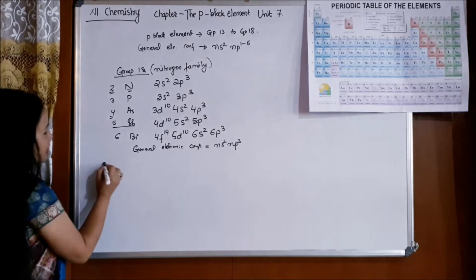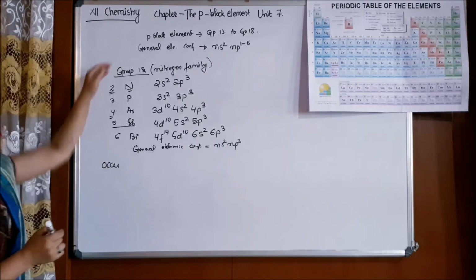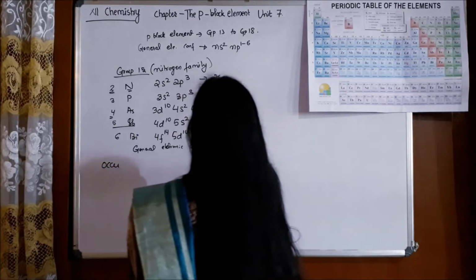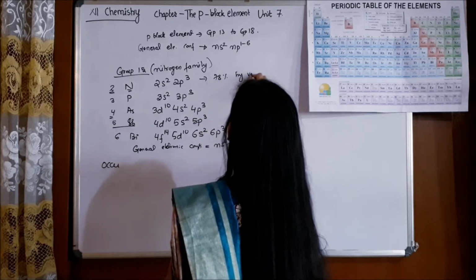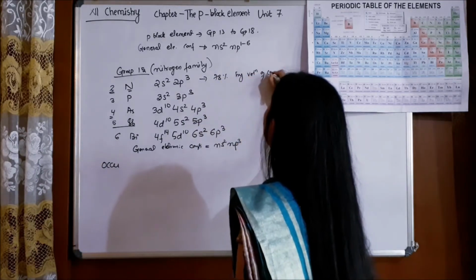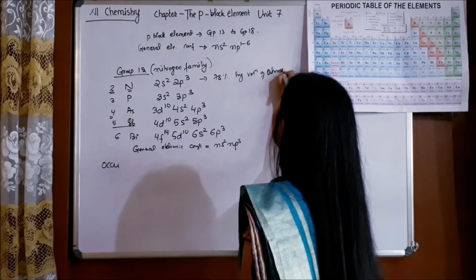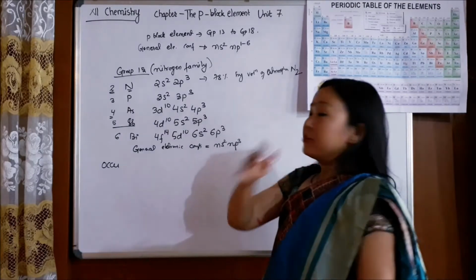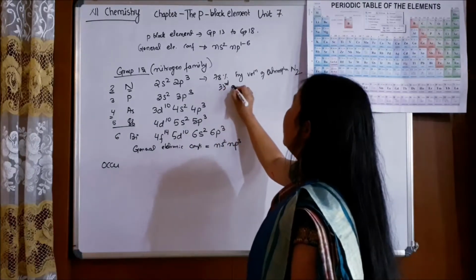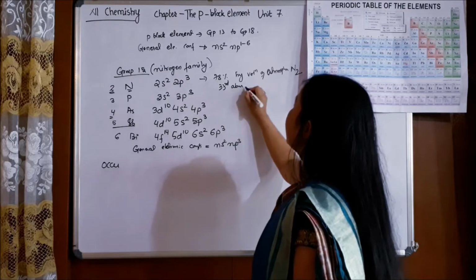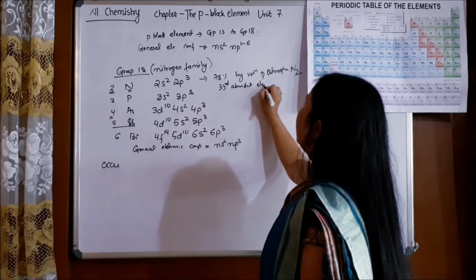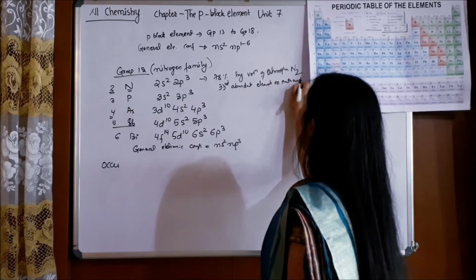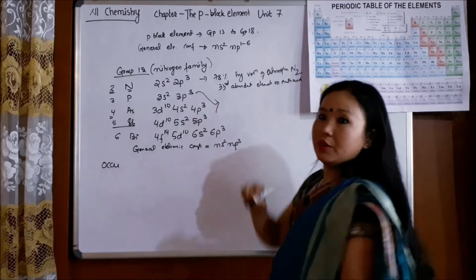Now next, let us discuss the occurrence of these elements in nature. Nitrogen occupies 78% by volume of the Earth's atmosphere as nitrogen gas. It is also the 33rd most abundant element on the Earth's crust.